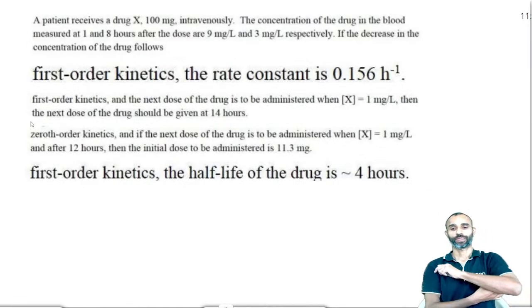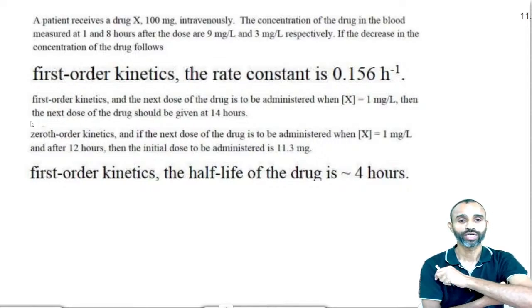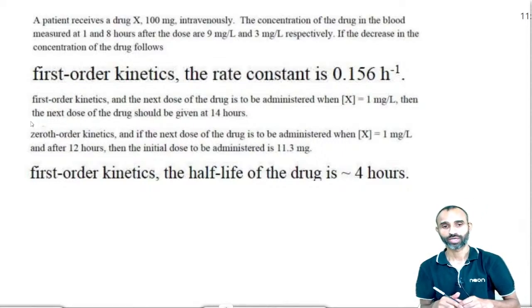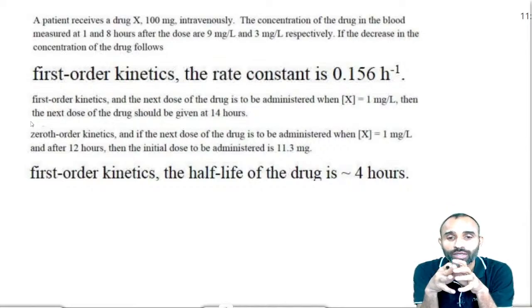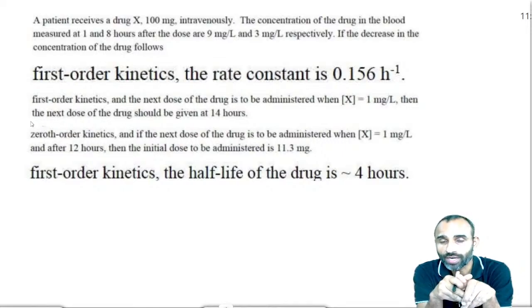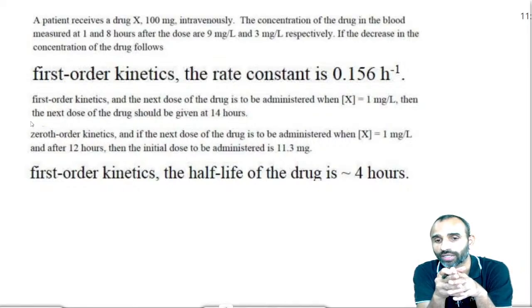Okay. A patient receives the drug X 100 milligram intravenously. The concentration of the drug in the blood measured at 1 and 8 hours after the dose are 9 milligram per liter and 3 milligram per liter respectively.